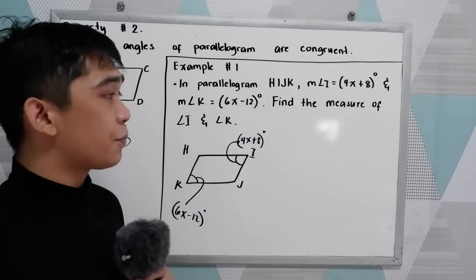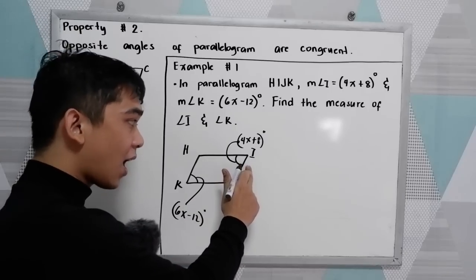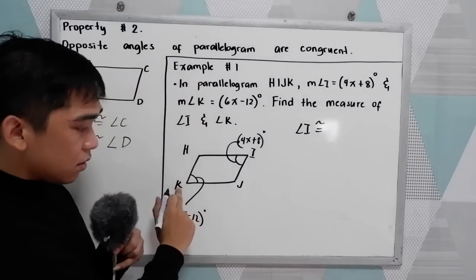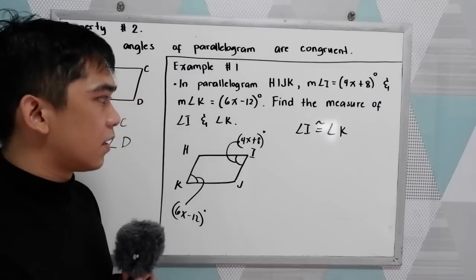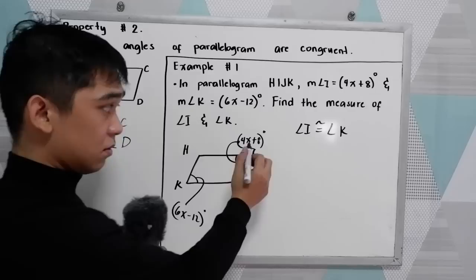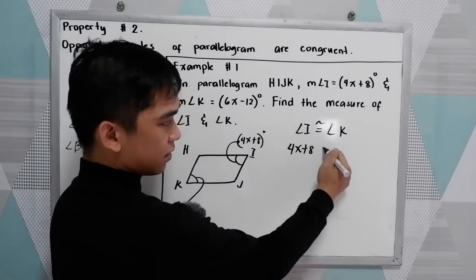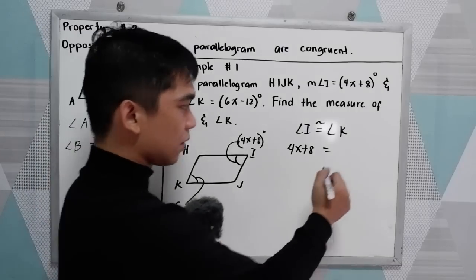Now, following our property number 2, angle I is congruent to angle K. Given that angle I, 4x plus 8, is equal to angle K, 6x minus 12.